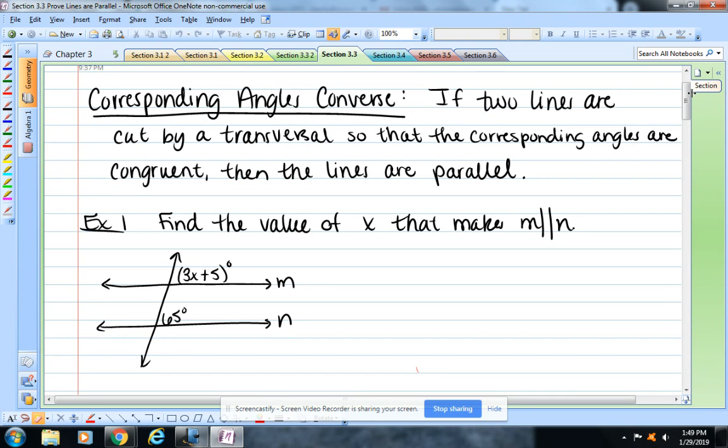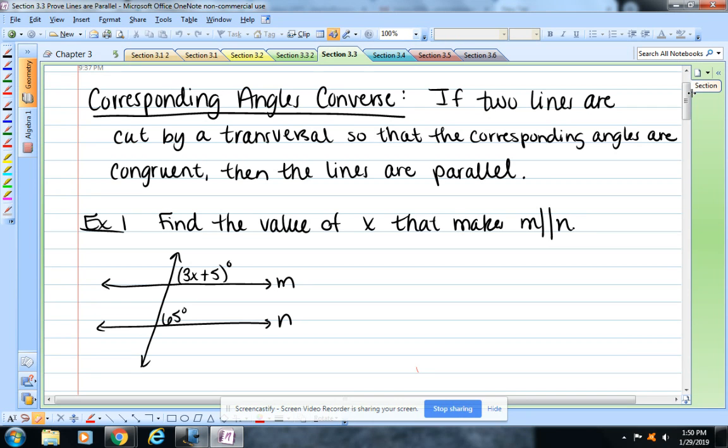So it says find the value of x that makes line M parallel to line N. That's what these symbols mean. So what would make these lines parallel? Well, what's the relationship between these two angles they gave us?